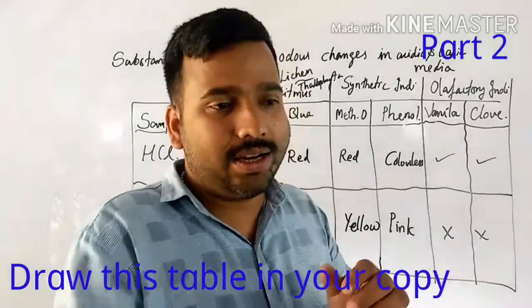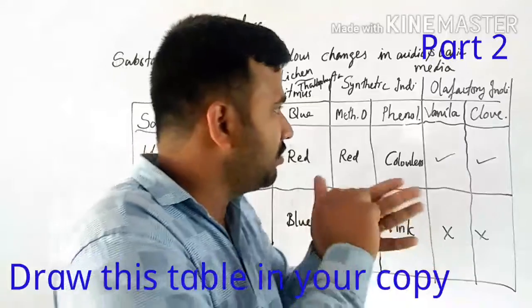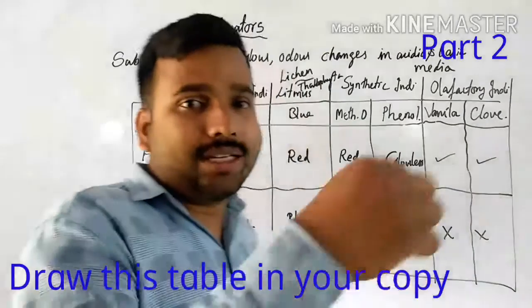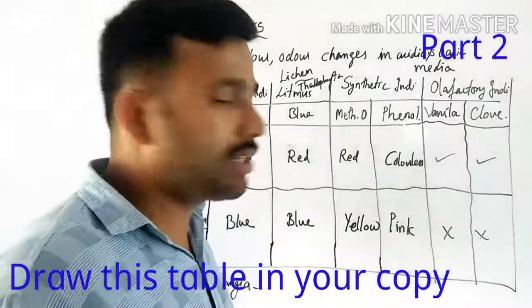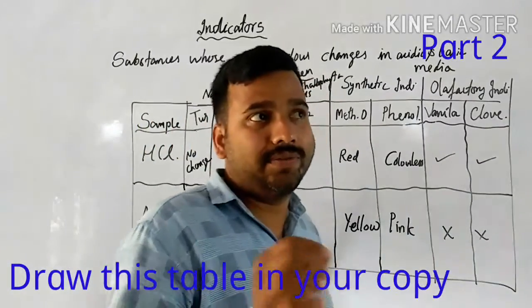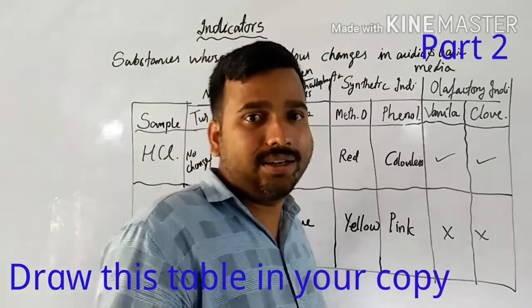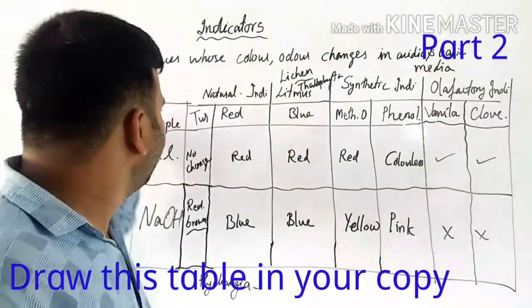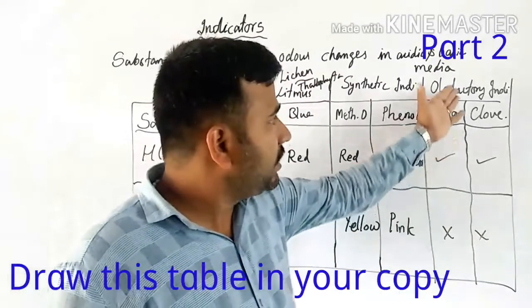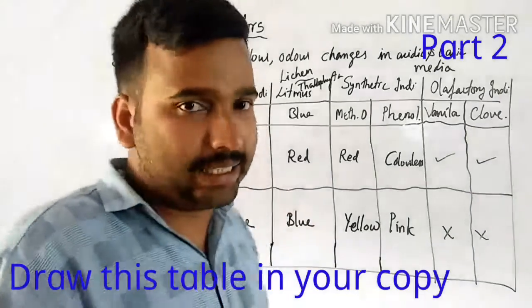Chop some onion, mix it with some cloth, and test it with vinegar, which is available in your kitchen, and similarly with soap also. In acidic medium, the smell will be retained. In basic medium, the smell will not be there. These are the major three categories of indicators.